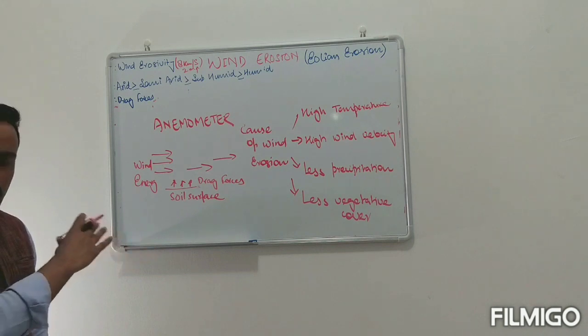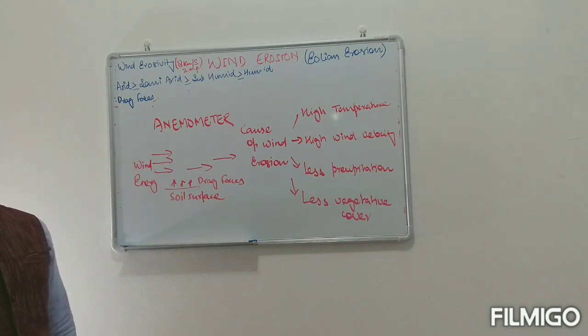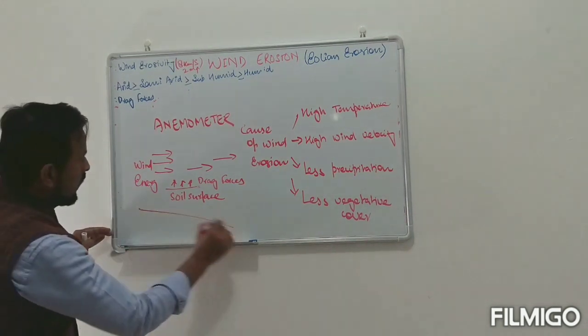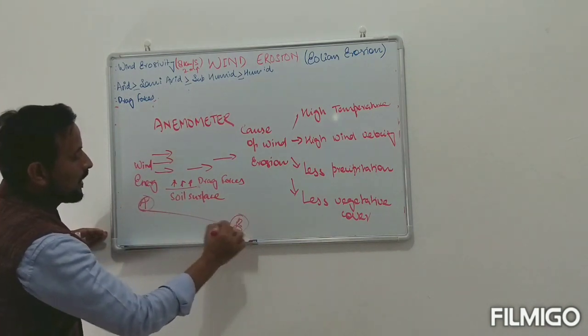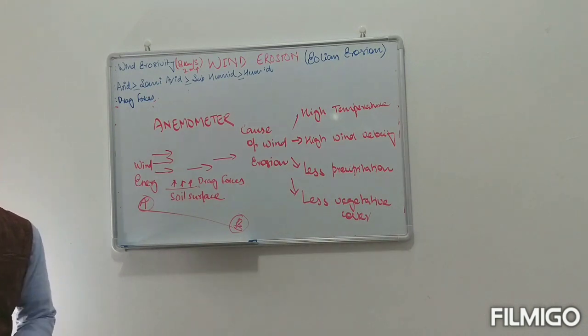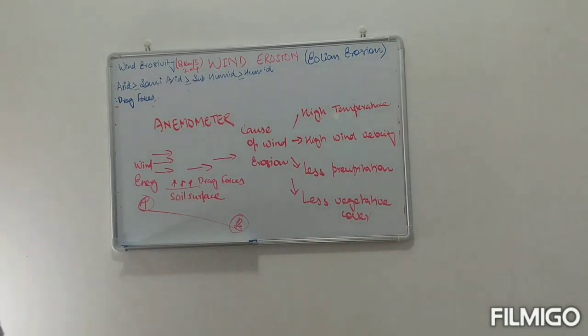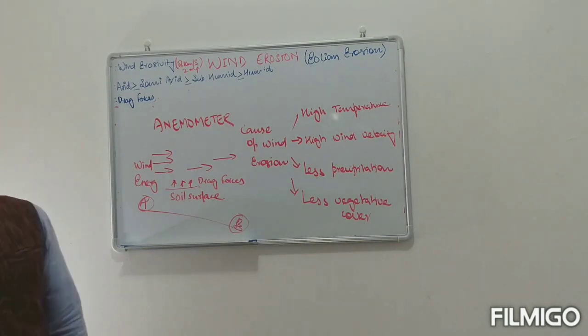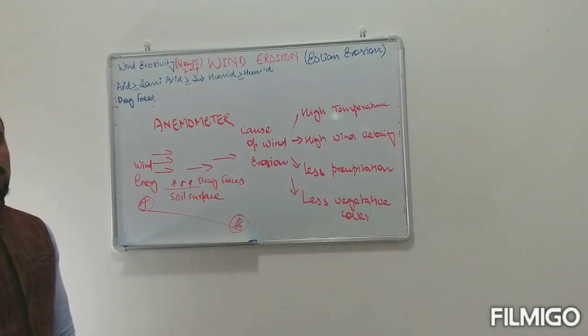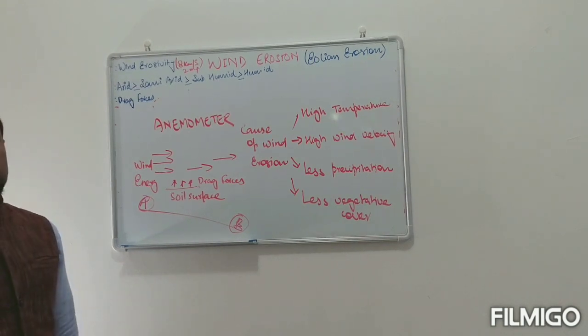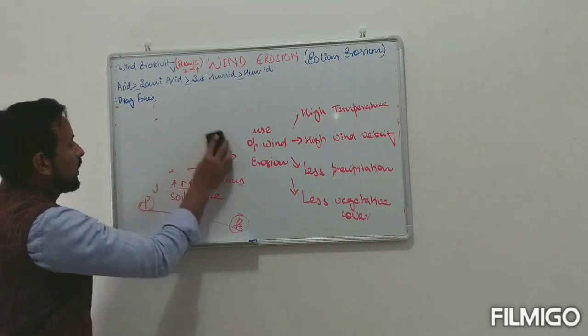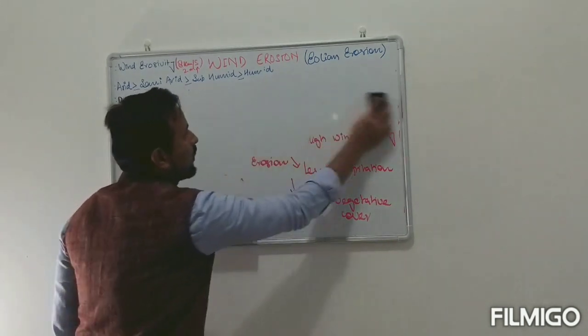More tilted is the land, more it is easier for the wind to take the soil from position A to position B, right? So these are the various things that are being studied: wind velocity, precipitation rate, wind friction, right? And temperature, climatic conditions. These things are learned to understand the wind erosion better.